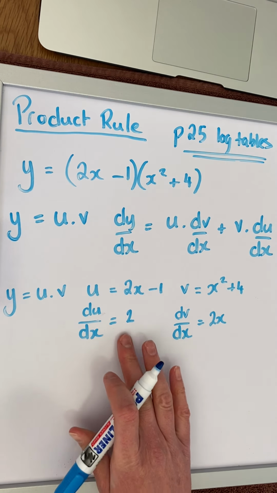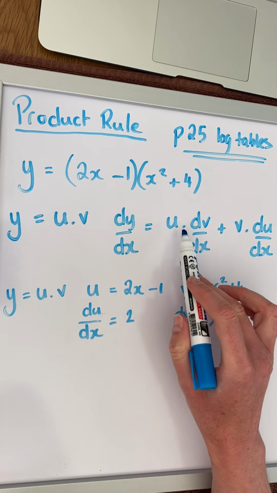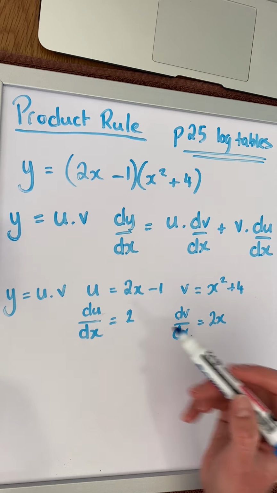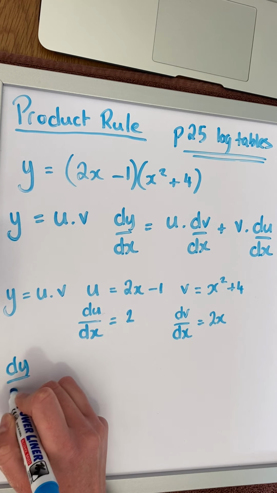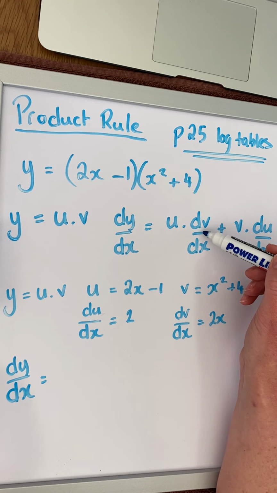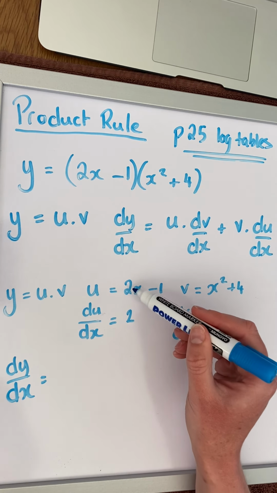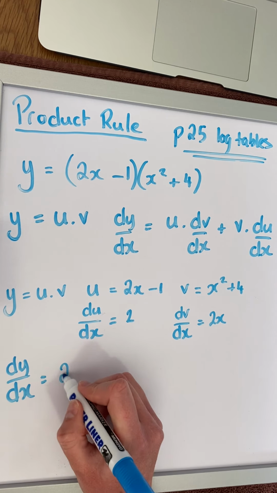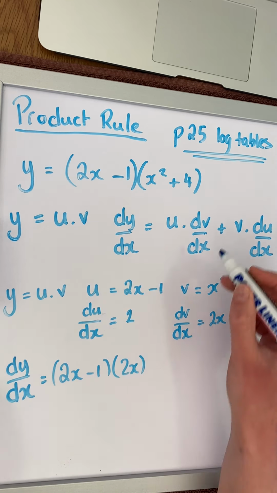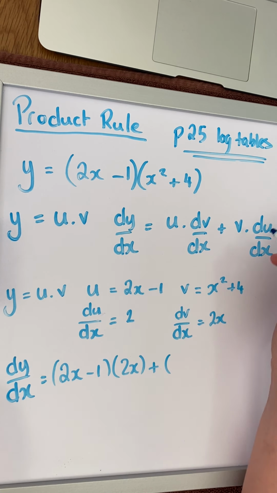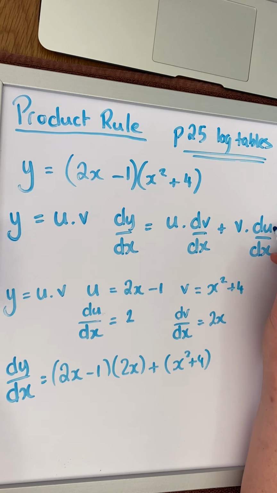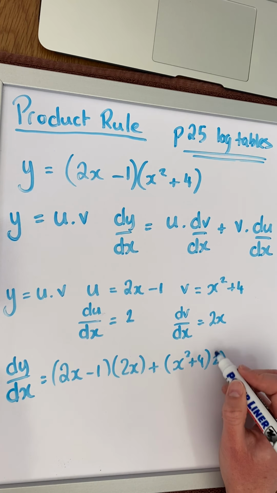So now that we have our derivatives, we simply input them into our formula and multiply out and simplify. So dy/dx is going to equal, first, u times dv/dx, so that's (2x minus 1) by 2x. We are going to add to that v, which is x squared plus 4, multiplied by du/dx, which is 2.